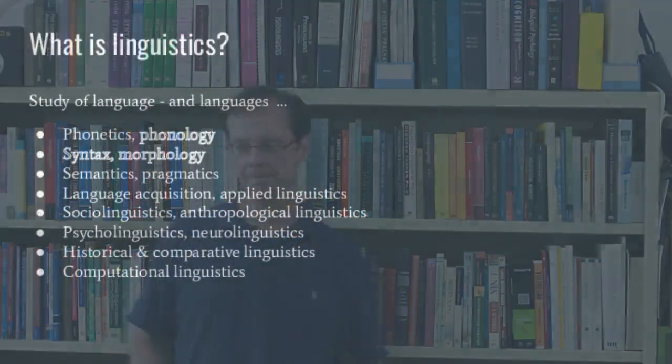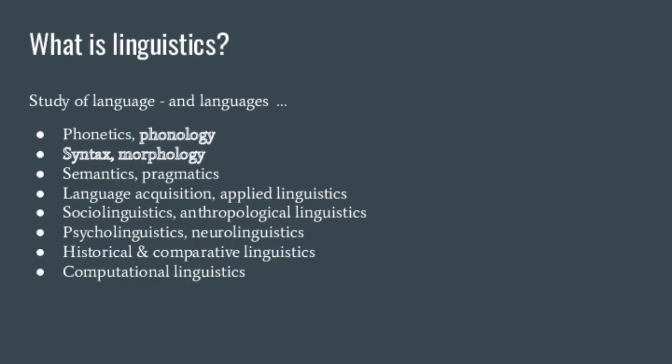I'll talk about sometimes some of these different areas of linguistics. I'll explain more, though, in future videos about what these are. First is phonetics, the sounds of language, and then phonology is how they're organized into some meaningful sound systems of language. And that may not be clear, but we'll get to that later. There's syntax, which is your sentence level grammar, how sentences and phrases are organized, and morphology, and that's organization within words.